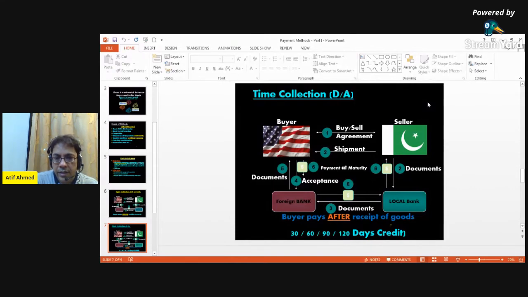The foreign bank will get the acceptance of the promissory note or bill of exchange from the buyer, and after acceptance, the original documents will be handed over to the buyer. In this case, normally the buyer pays after the receipt of the goods, because the seller is going to allow 30 days, 60 days, 90 days, or 120 days credit to the customer or buyer. So this is the basic difference between CAD and time collection.